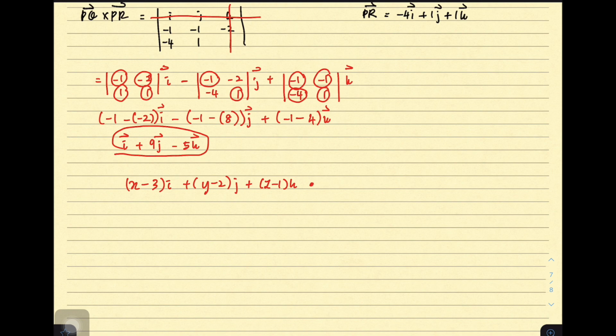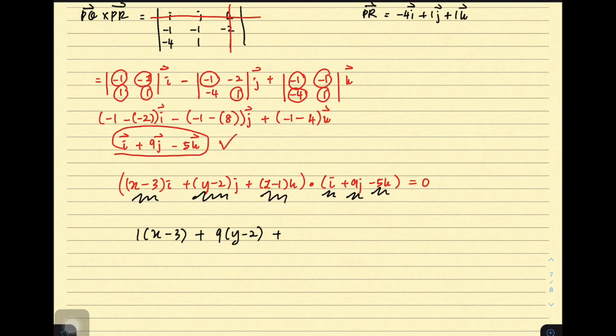Okay, we dot product this vector with the one orthogonal to the plane, which is i plus 9j minus 5k. You will get it equal to 0 because that one is perpendicular. So what you need to do next is i multiplied by i, so you will have 1 times x minus 3, plus j multiplied by j, so you have 9 times y minus 2, plus k multiplied by k, so you will have negative 5 times z minus 1.